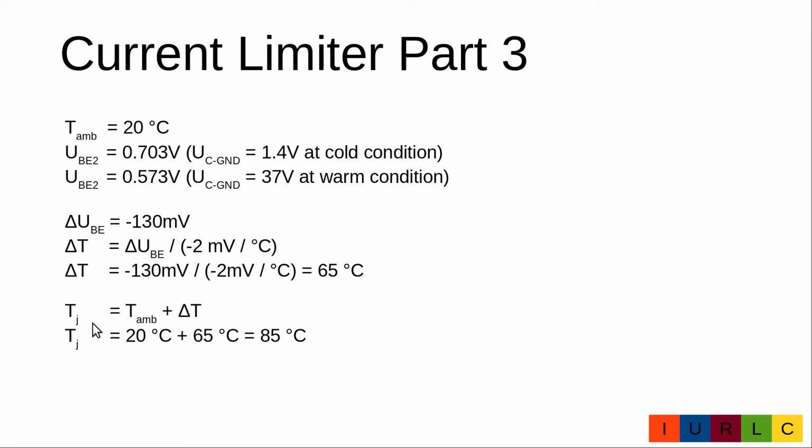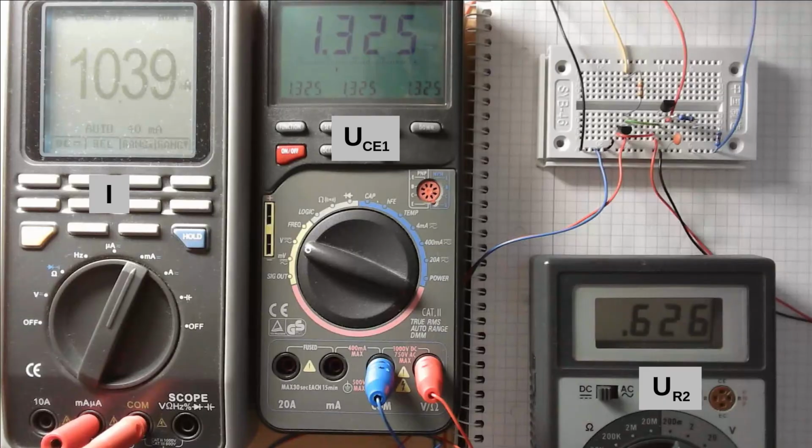The junction temperature is the junction temperature at cold condition plus the delta temperature, 20 degrees Celsius plus 65 degrees Celsius is 85 degrees Celsius. This is well below the maximum allowed 150 degrees Celsius junction temperature.